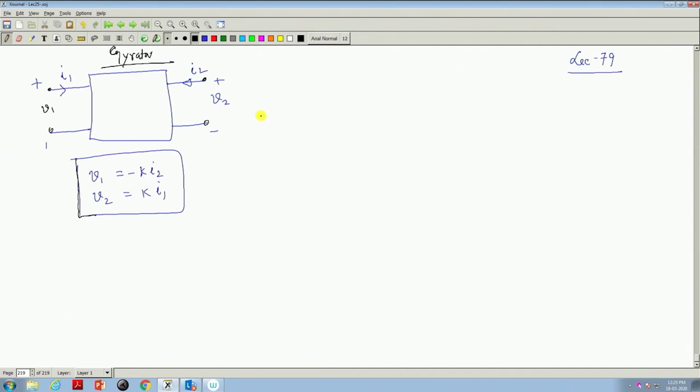Now, for this gyrator people use a different symbol instead of drawing a box, so that you can easily identify it as a gyrator. It is drawn like this: a single line, two ports and a symbol like this. This is how it is represented.